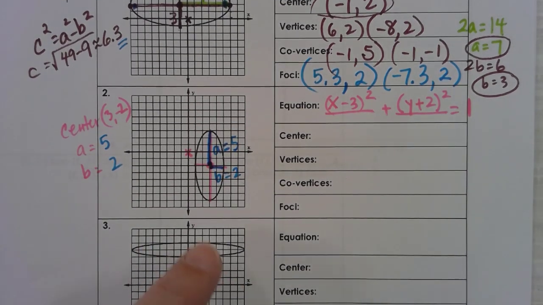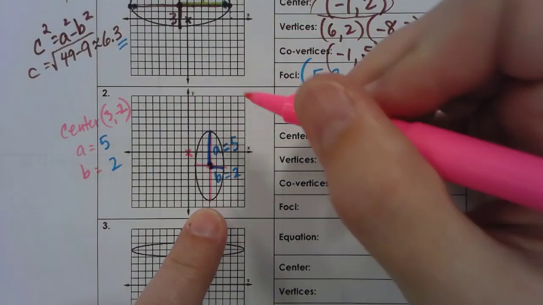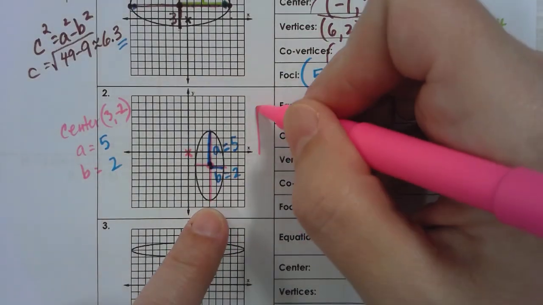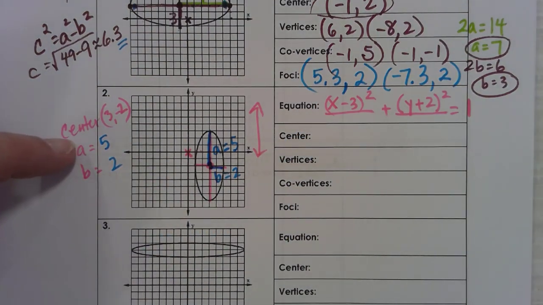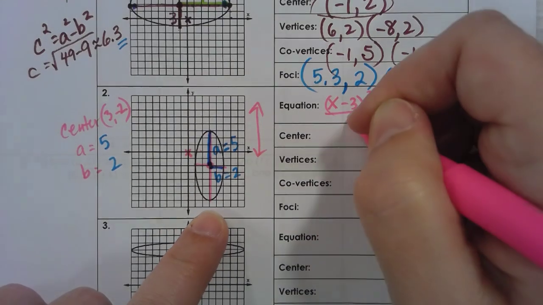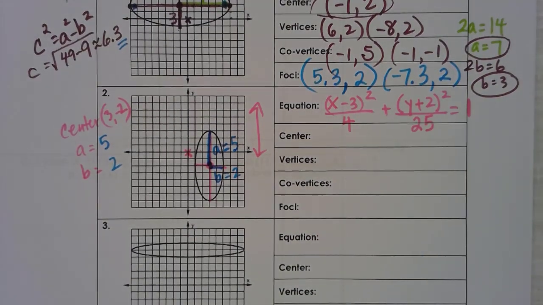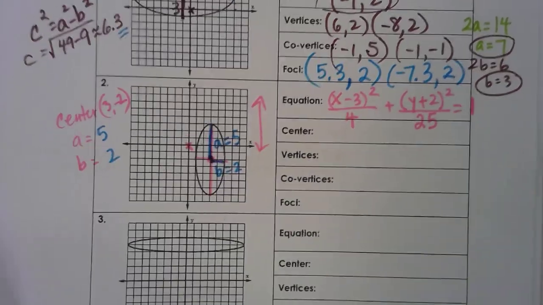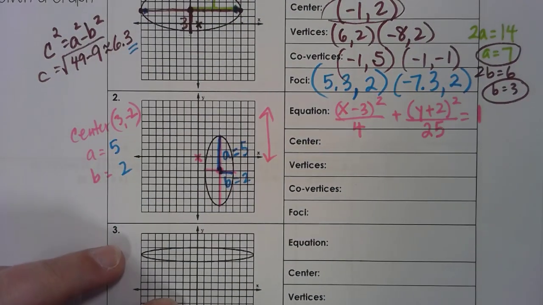But which direction is this ellipse going? It's going vertically, so that means our bigger number, 25, needs to be with the y. And then the 4 will go there. I'm not going to worry about writing down all the other things right now. Y'all can do that another time.